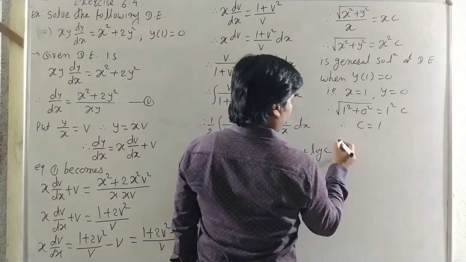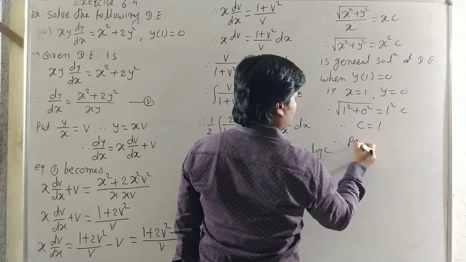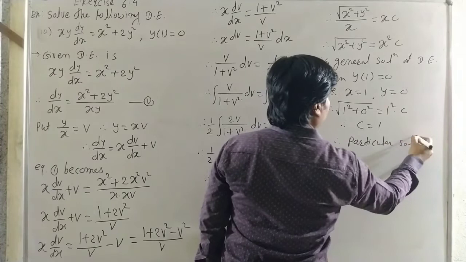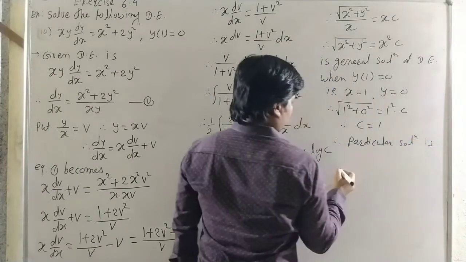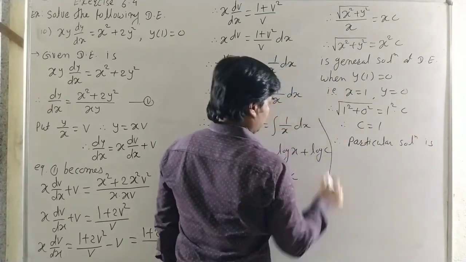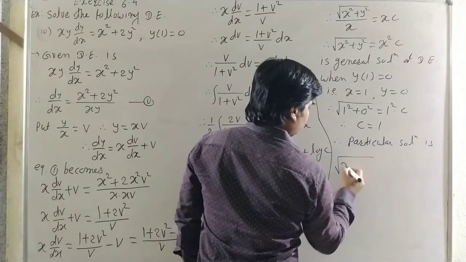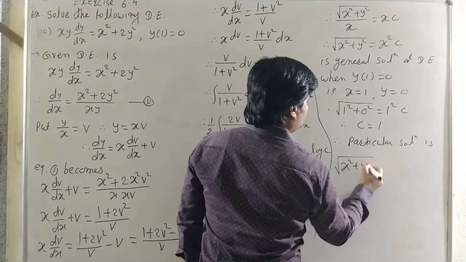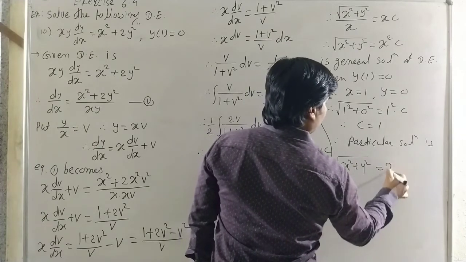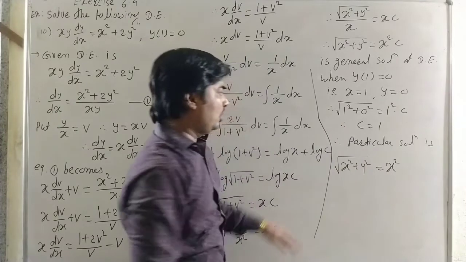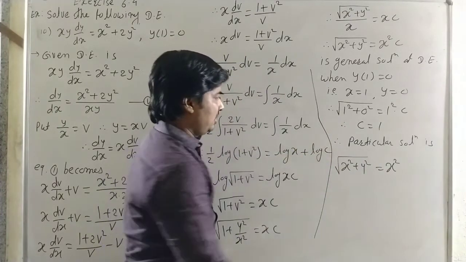Okay, and therefore the particular solution is, here we write the particular solution: under root x square plus y square is equal to x square, and the value of c, it is 1. It is a particular solution of the differential equation.